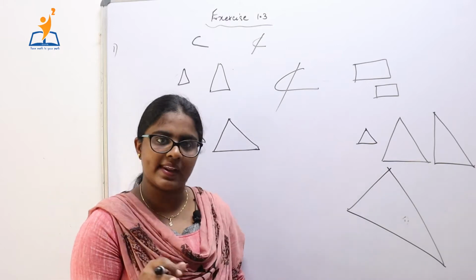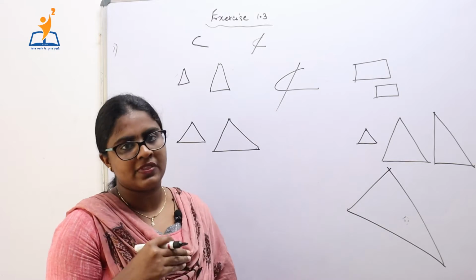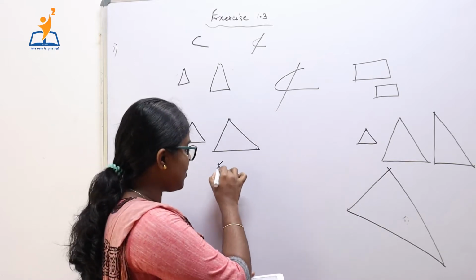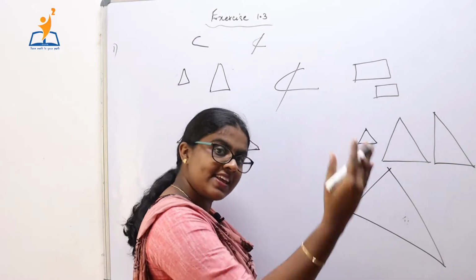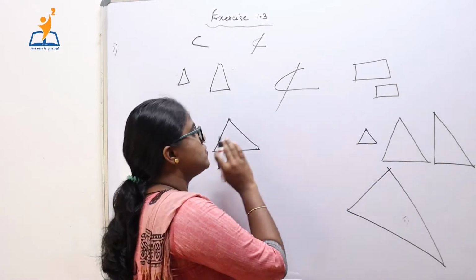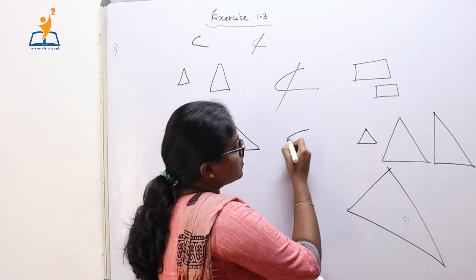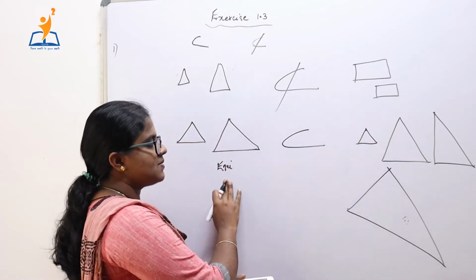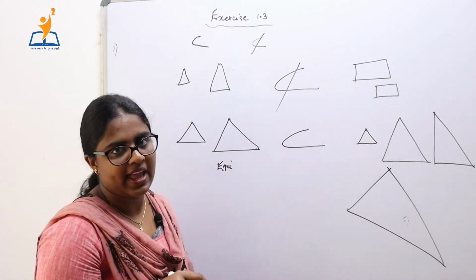So is this set a subset of that set? Here we have equilateral triangles only, and here we have all triangles including equilateral triangles. So every equilateral triangle is present in this set also. So we can say that the set of equilateral triangles is a subset of the set of all triangles.